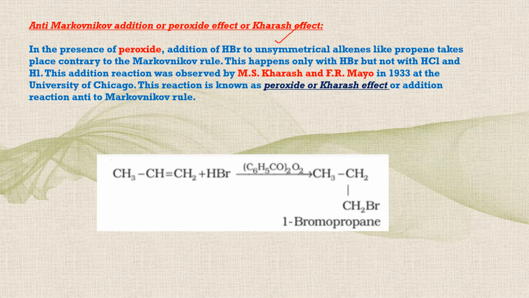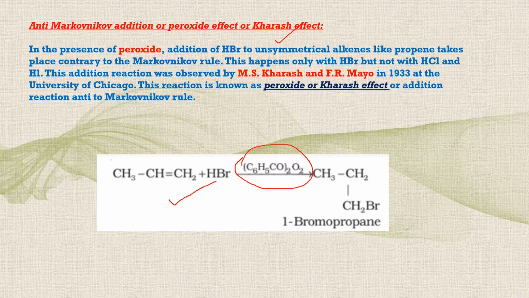Now, anti-Markovnikov addition: if there is a peroxide, same reaction we are considering, propene plus HBr. But if you have a peroxide, this particular compound is a peroxide. In peroxide, you have two oxygens attached to each other by a single bond. So you will see the structure because this peroxide is the molecule which is starting the process.